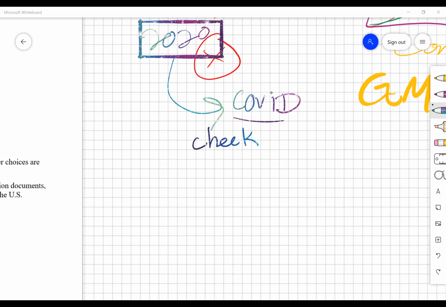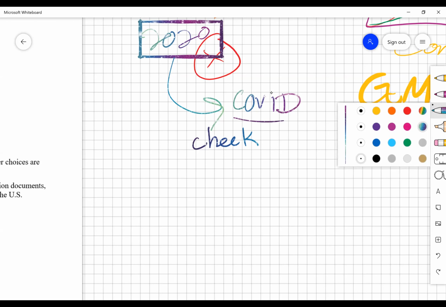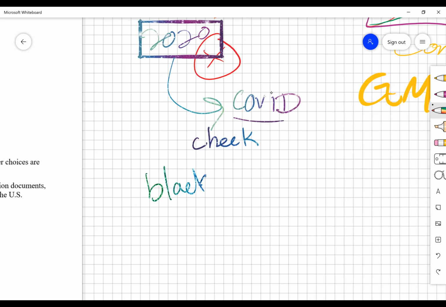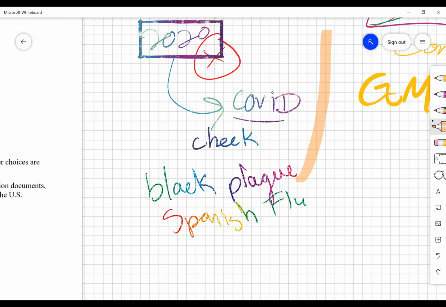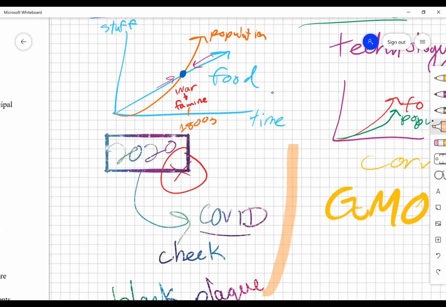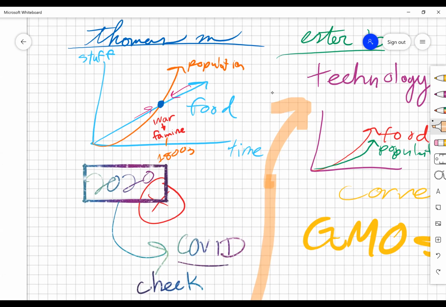No. Because we're going to come over here and we're going to see from historical events like the Black Plague and the Spanish influenza that we'll find some way to outsmart this with, guess what? Technology. We're going to use innovations in technology with our growing population to be able to fight COVID-19 like we are.